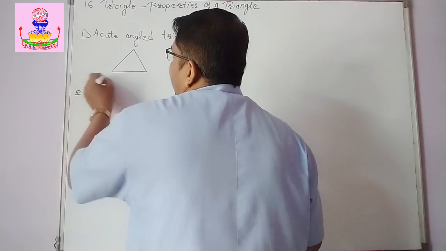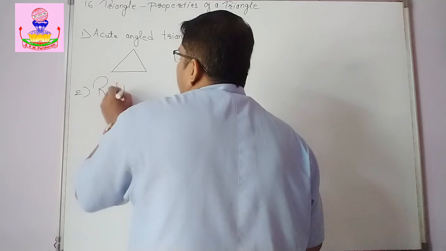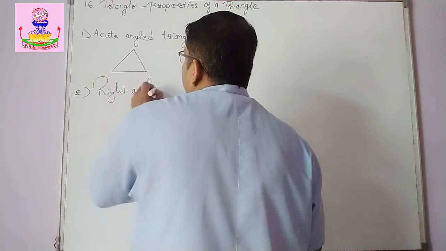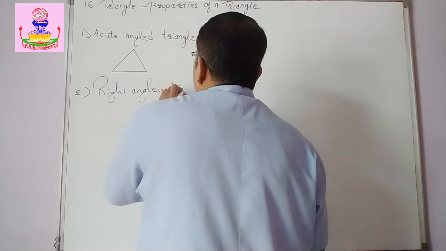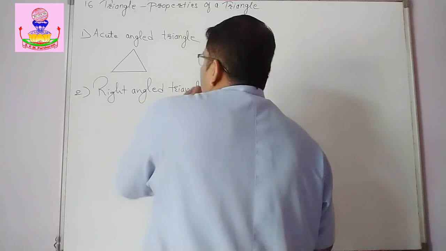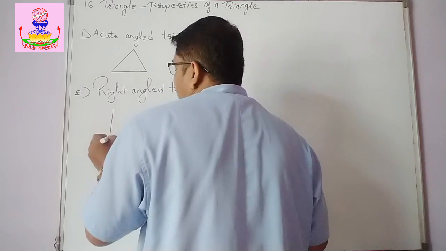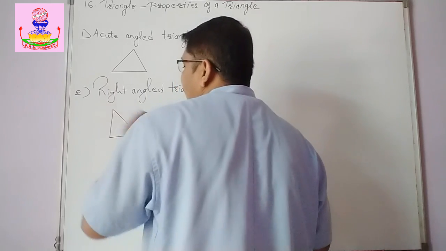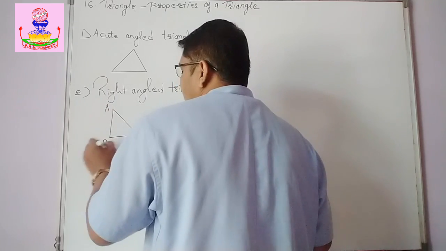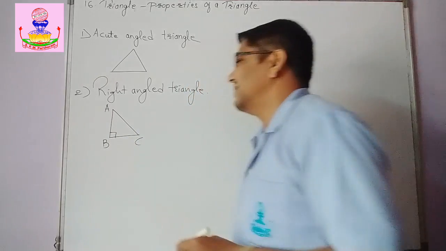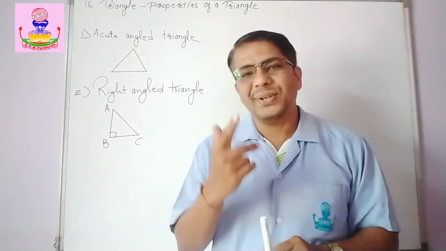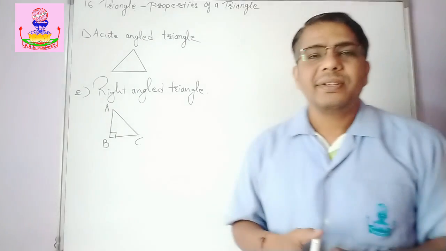Then second is the right angle triangle. A triangle in which one of the angles is a right angle is called a right angle triangle. Only one angle is going to be the right angle.